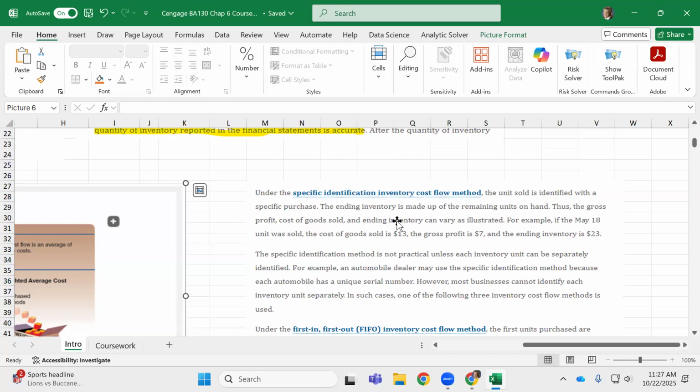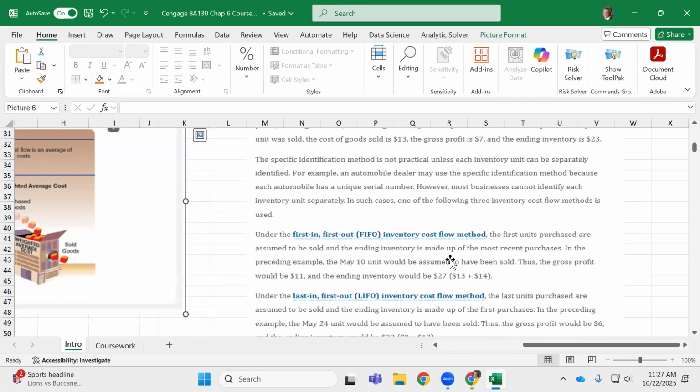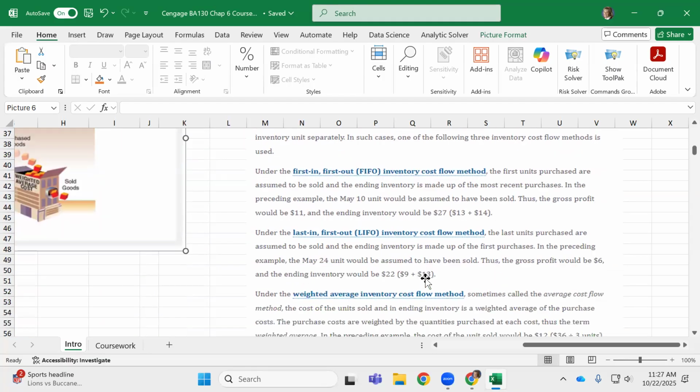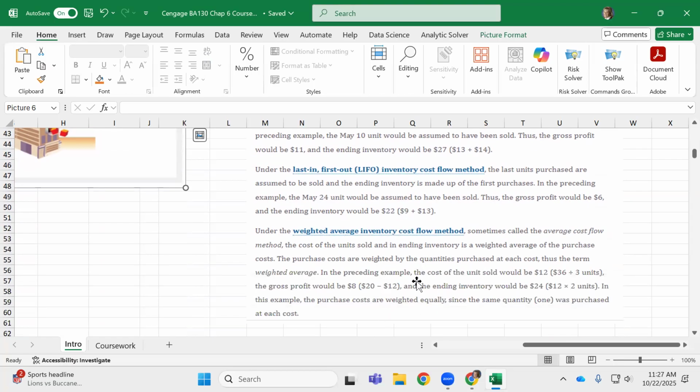Okay, they call those homogeneous items. So first in, first out is very popular. Last in, first out is done for income tax reasons, and then weighted average seems to be the easiest to do or keep track of.